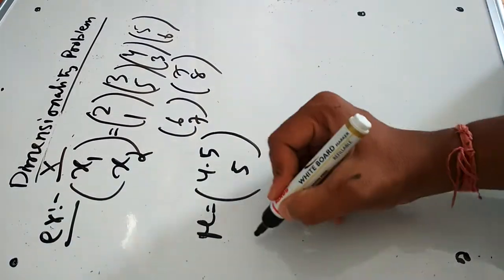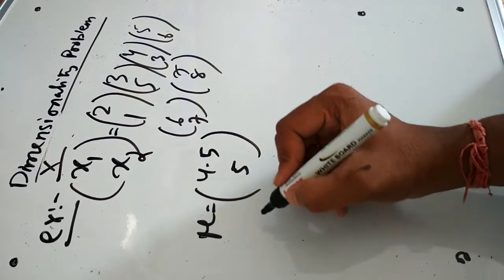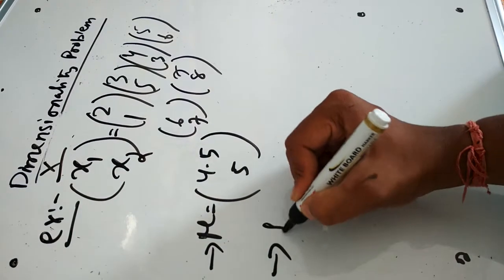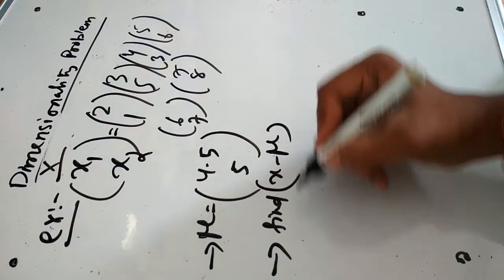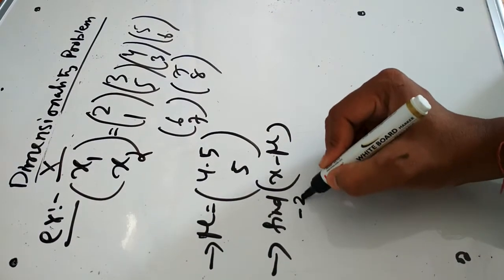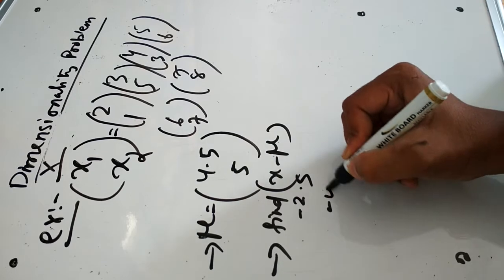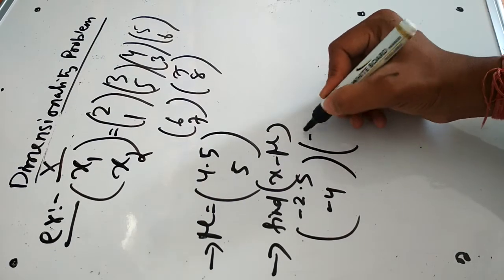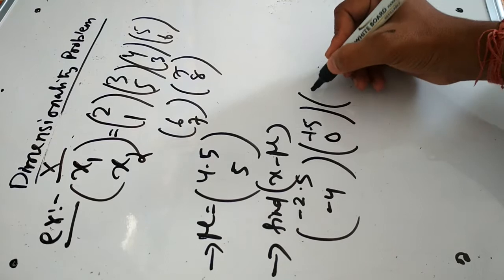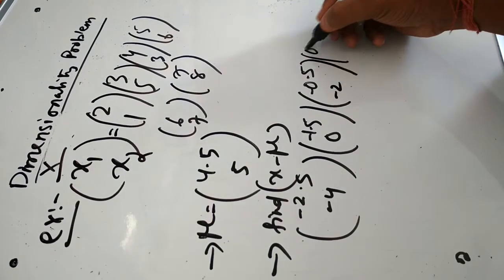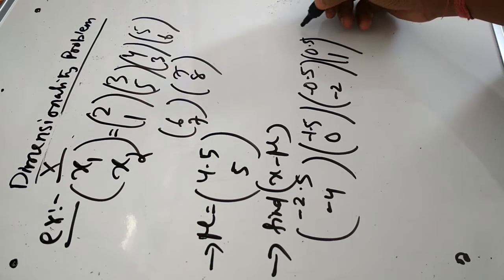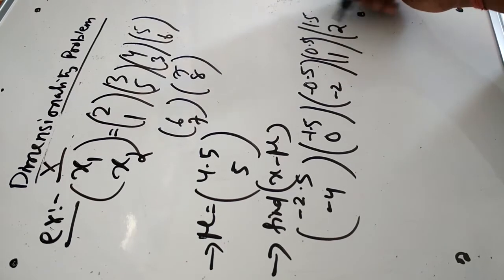Then the second step is to find x minus μ. Let the x minus μ values be (−2.5, −4), (−1.5, 0), (−0.5, −2), (0.5, 1), (1.5, 2).